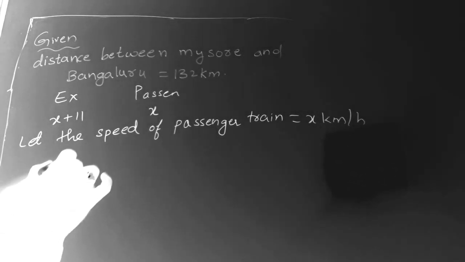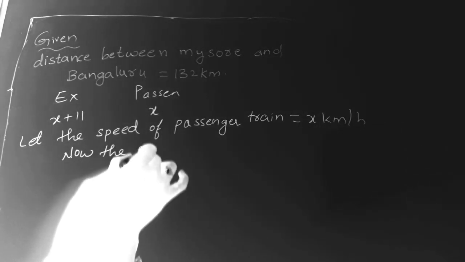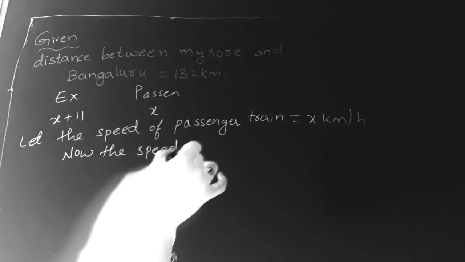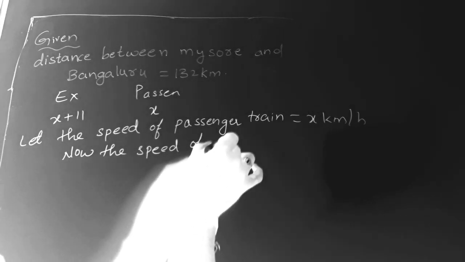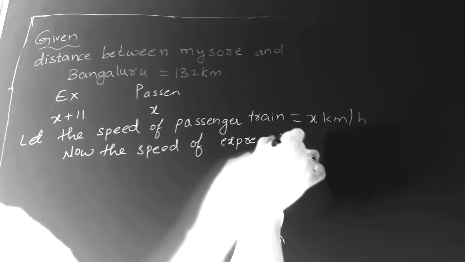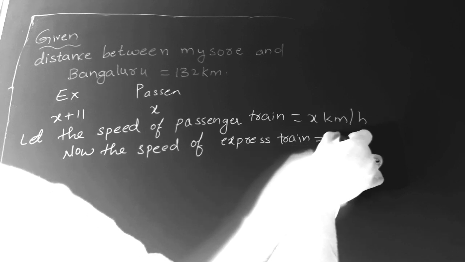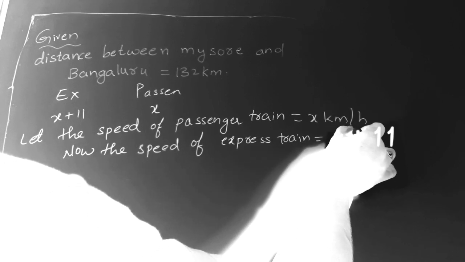So now the speed of the express train is equal to x plus 11 kilometer per hour.